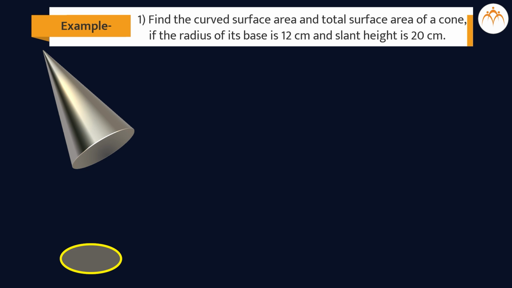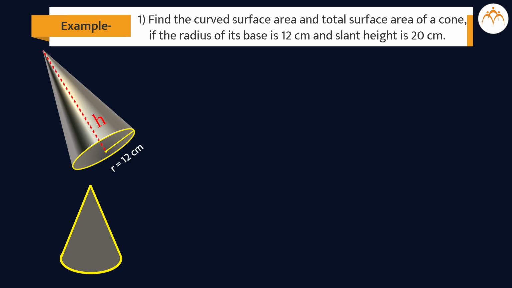Find the curved surface area and total surface area of a cone if the radius of its base is 12 cm and slant height is 20 cm. Solution: given R is equal to 12 cm and L is equal to 20 cm.